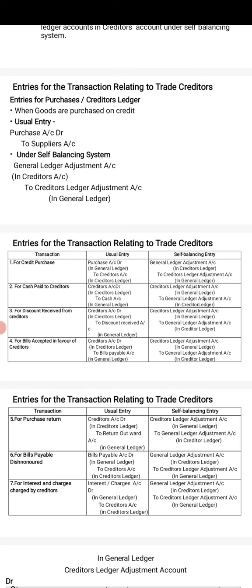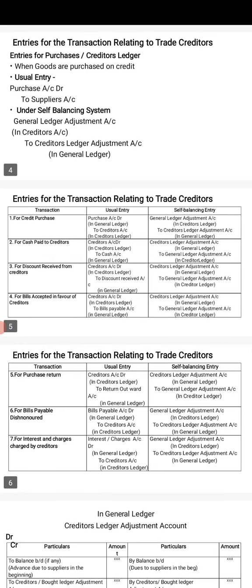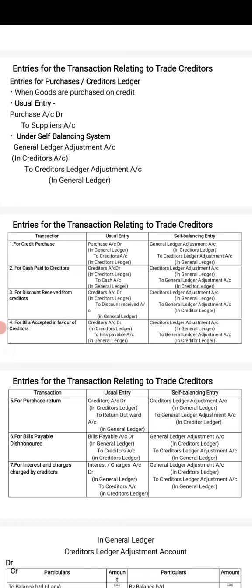That is first entry. Second entry, for cash paid to creditors. So whenever cash is paid to suppliers for supplying of goods, two accounts are involved in that. One is the person who is receiving the payment, the name of the supplier, or else we can call them as creditor. Another one is cash.